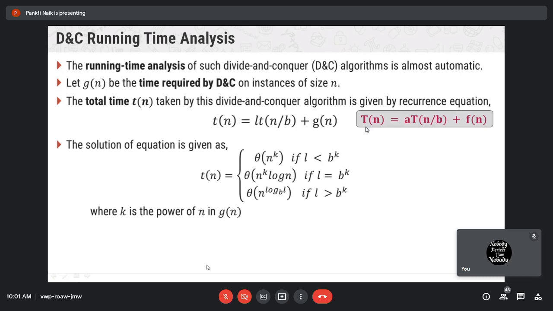Now compare this with the master theorem, and if you solve it, you will get the T(n) value like this, if a is less than b^k, if a is equal to b^k, and if a is greater than b^k. Then you will get this time complexity for the divide and conquer algorithm. We will understand this in detail after you complete your second chapter.